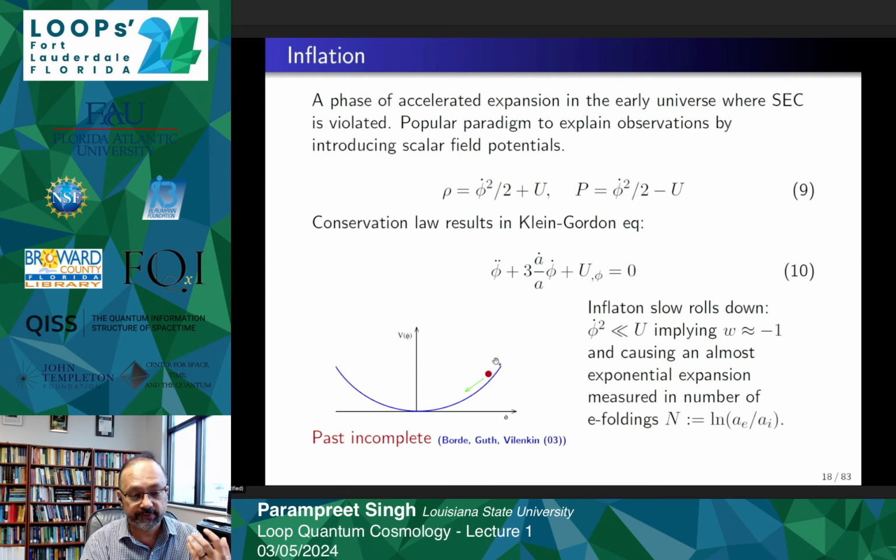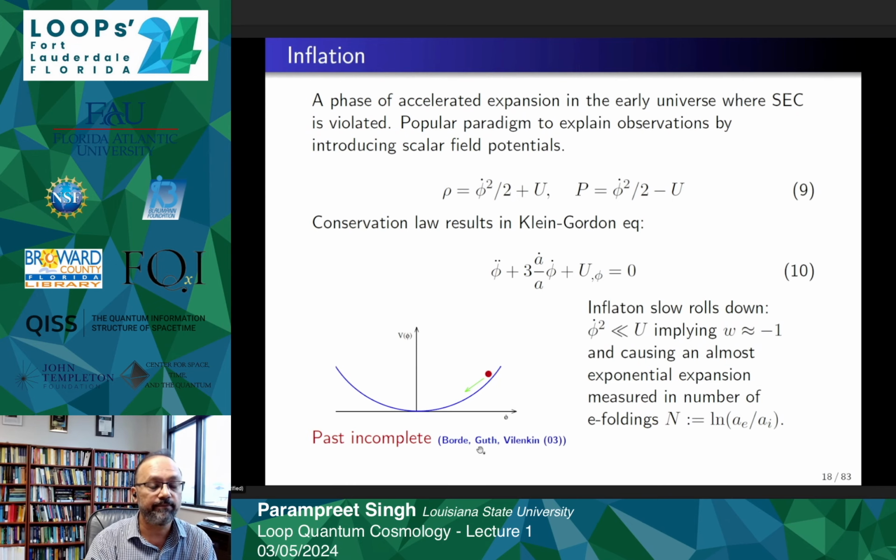And there has been very beautiful work, even in loop quantum cosmology, where Ashtekar and David Sloan had earlier shown that starting from the big bounce, the field can be pushed up, and then it can roll down and so on. I won't go into details here because there is not enough time to explain the initial conditions for the inflaton, but I'll mention it briefly later.